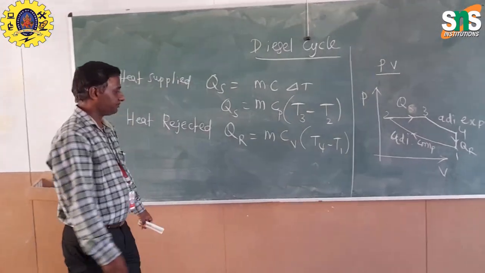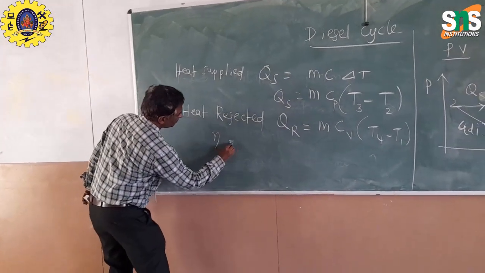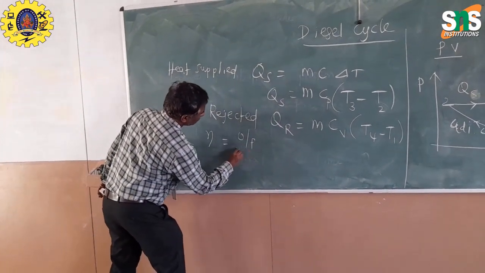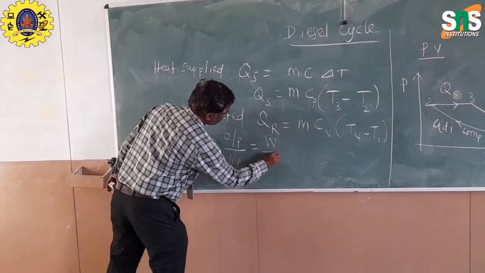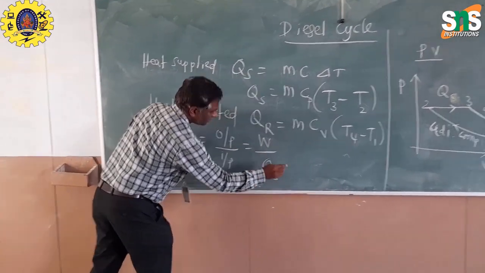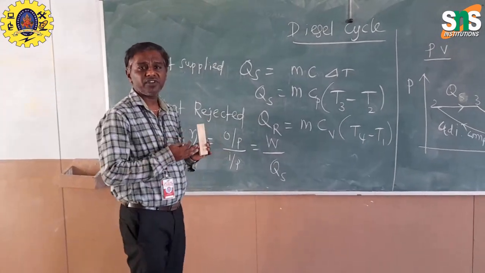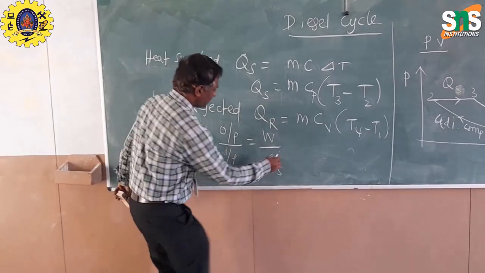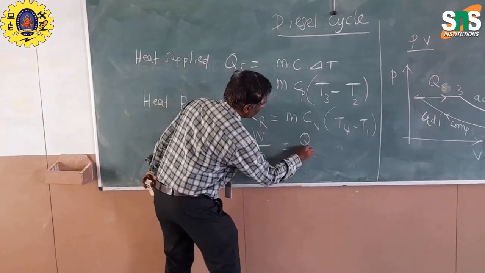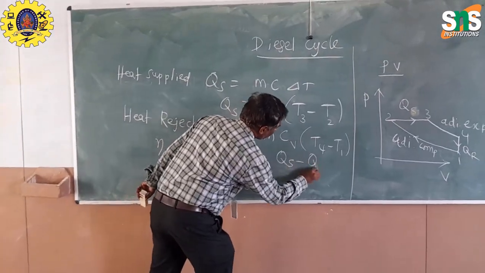This is QR. So in general, the efficiency is equal to output by input, where the output is the work done and the input is the heat supplied. Work done is nothing but the useful amount of heat energy utilized during this process, so it is the total heat supplied minus the heat rejected.